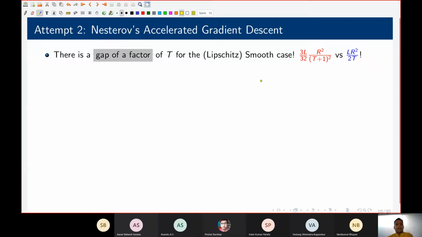Okay? Just recap that Nesterov does the gradient computation after the velocity update, right? So post velocity update, gradient computation.